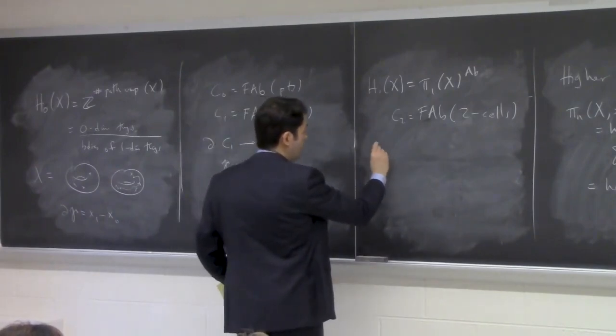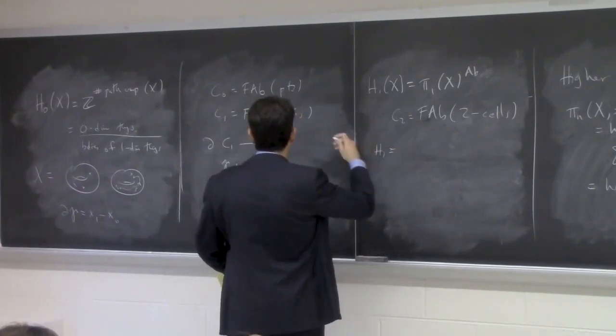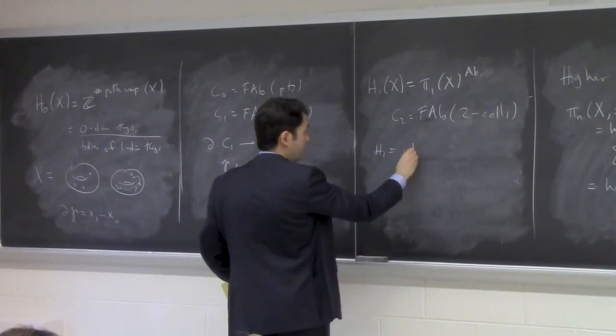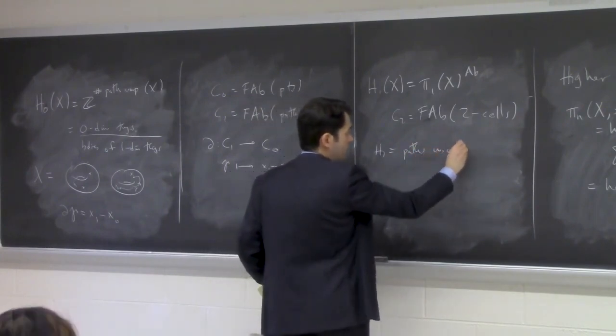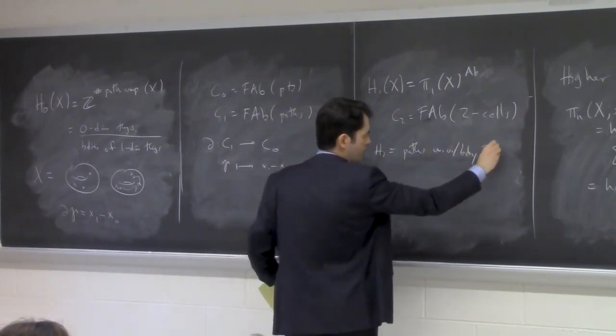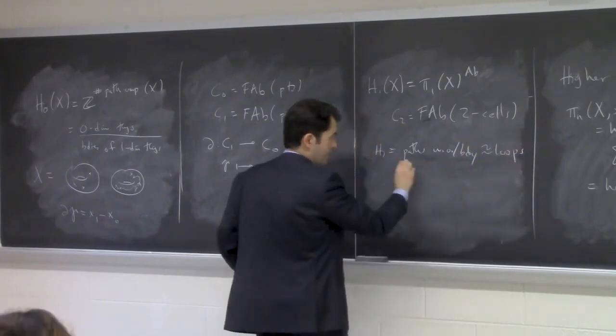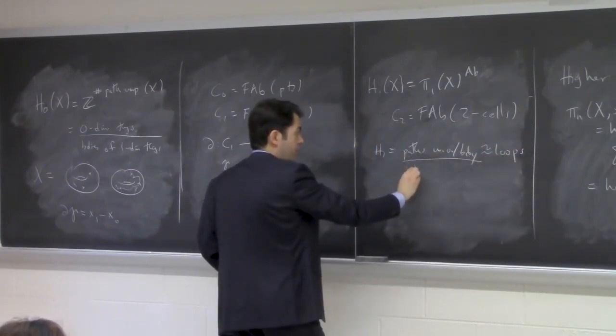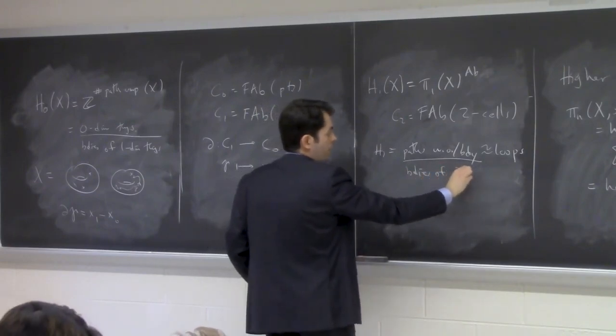So then H1 would be paths without boundary, which is loops. And then you mod out by the boundaries of 2-cells.